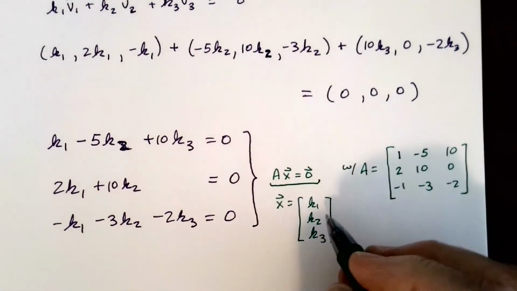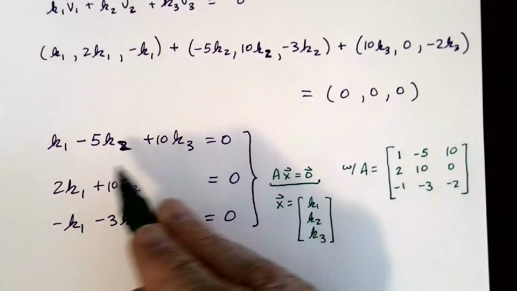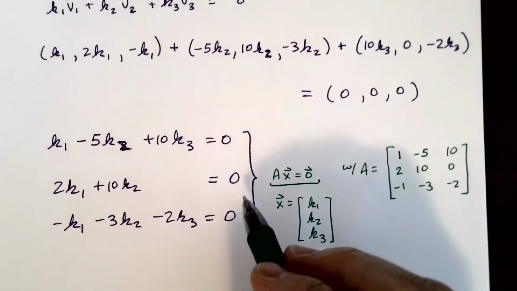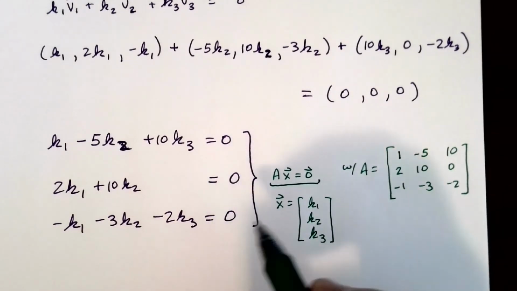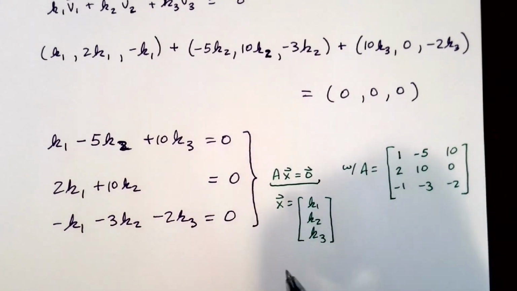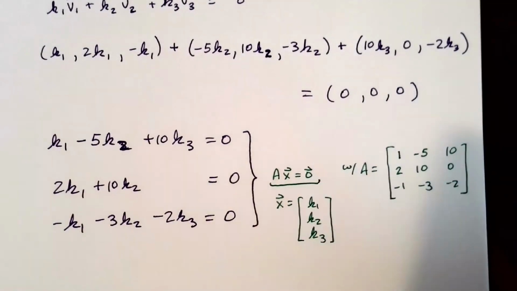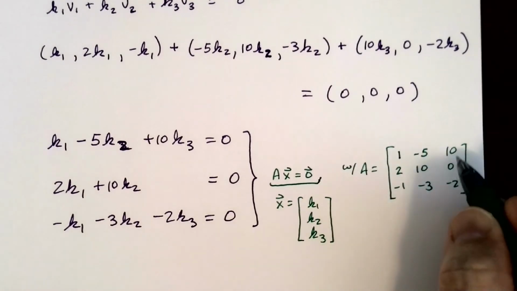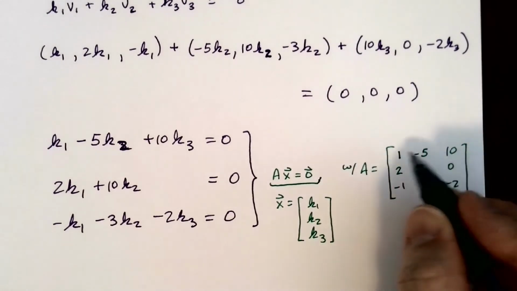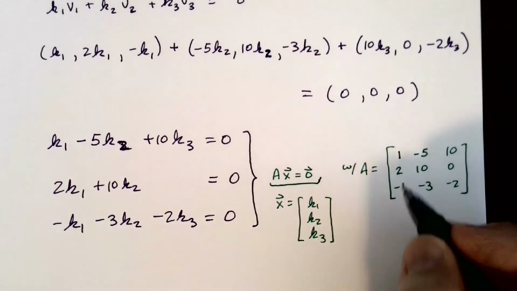What are we asked to find out? We want to know, are there non-trivial solutions? This is a homogeneous system. It's always consistent. The trivial solution, where K1, K2, and K3 are all 0, is always a solution. The question is, are there any non-trivial solutions? In this case, we can answer it one way because A is a square matrix.